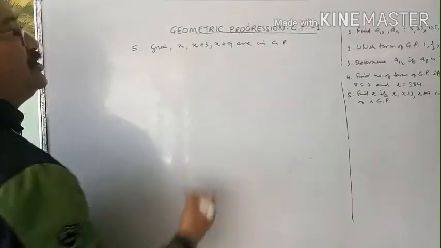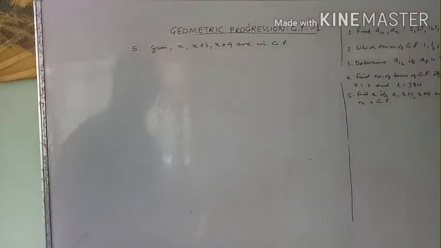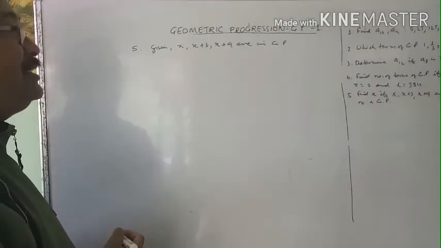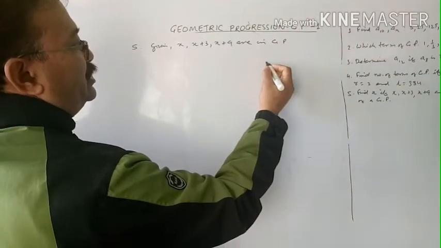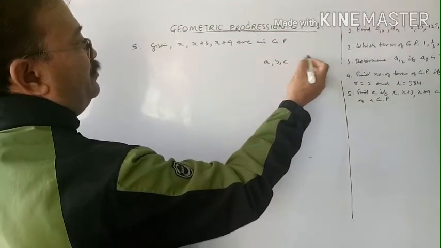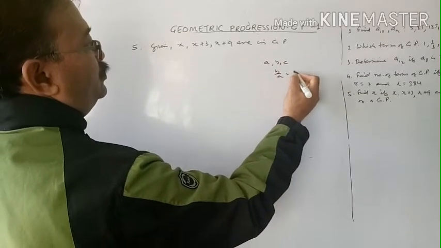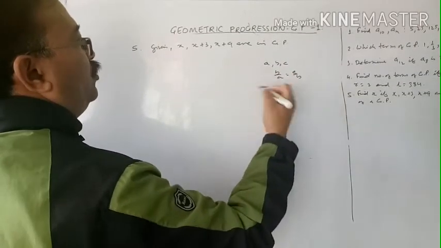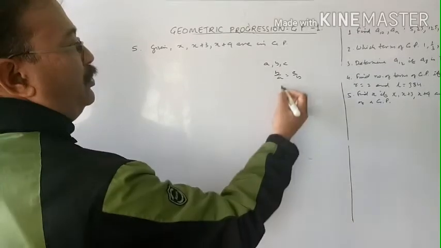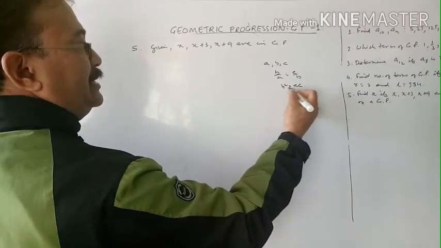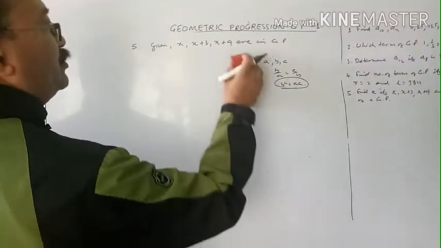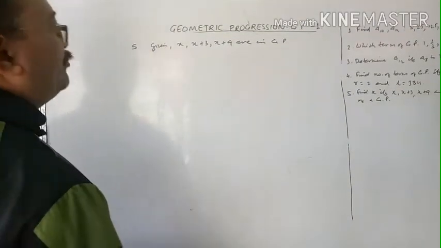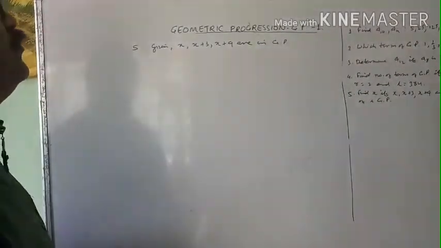They are the first three terms of a GP. If they are in GP, we have seen this: if A, B, C are in GP, then B by A equals C by B, or B square equals AC. So we can use this formula, or you can write it in ratio form.